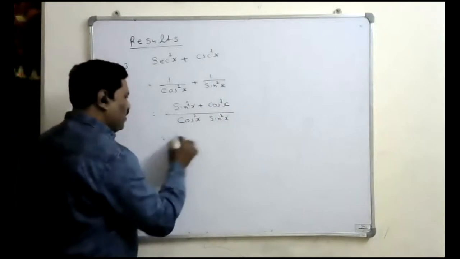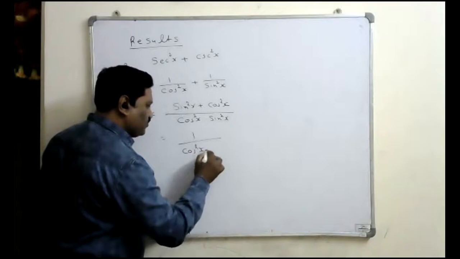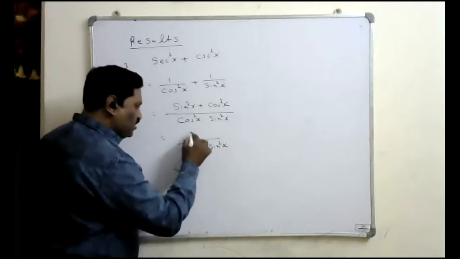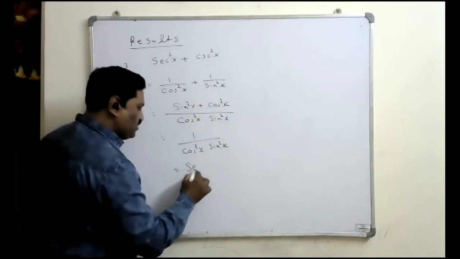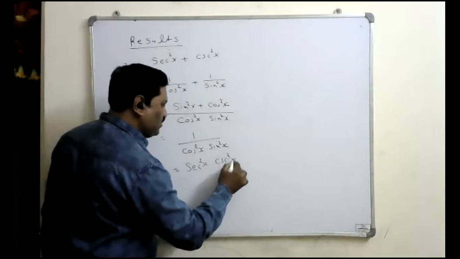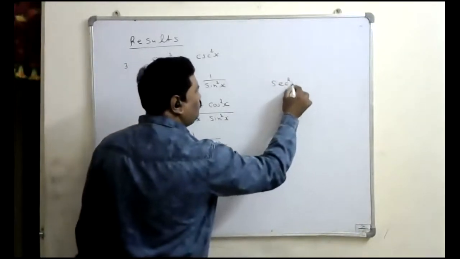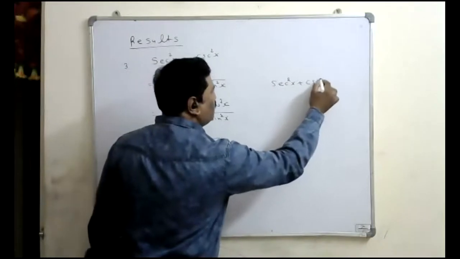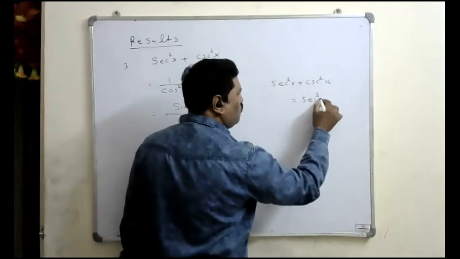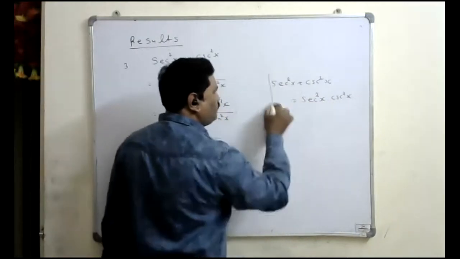Therefore, we get 1 upon cos square x into sin square x. Again, 1 by cos square x is secant square x, into 1 by sin square x, which is cosecant square x. So this is the result we have to remember: secant square x plus cosecant square x is also equivalent to secant square x into cosecant square x. This is the third result.